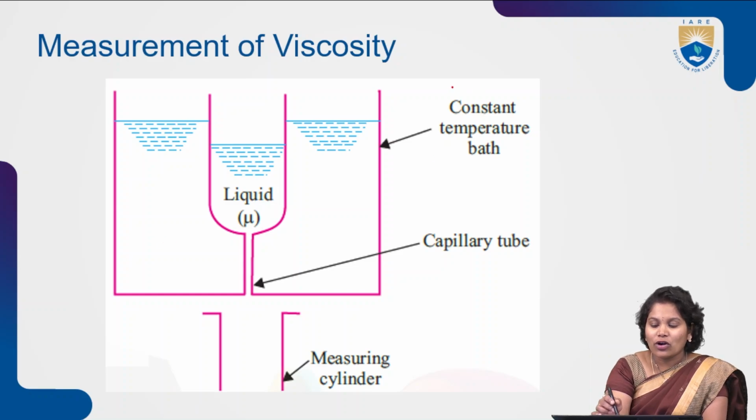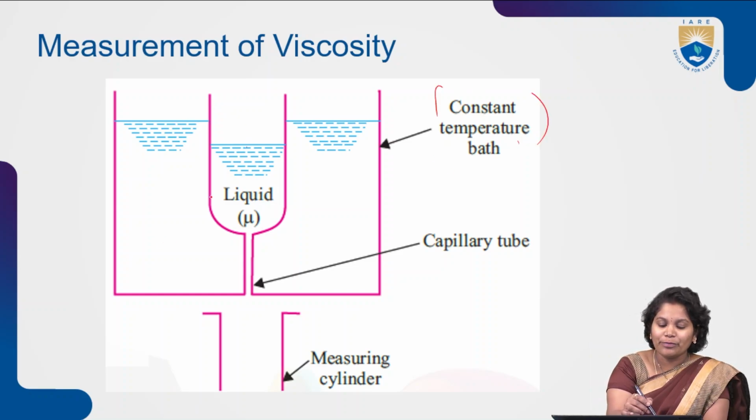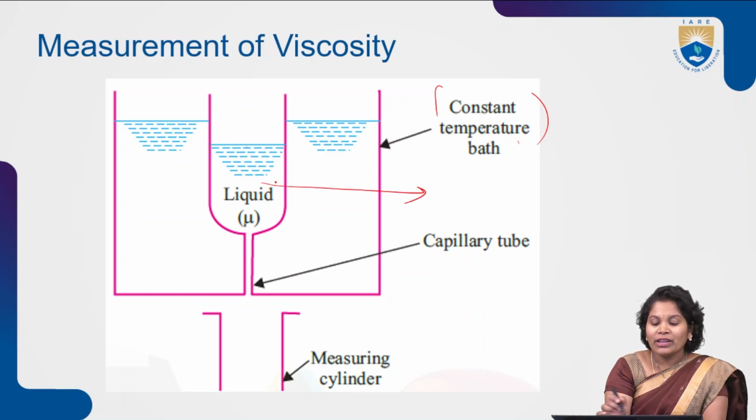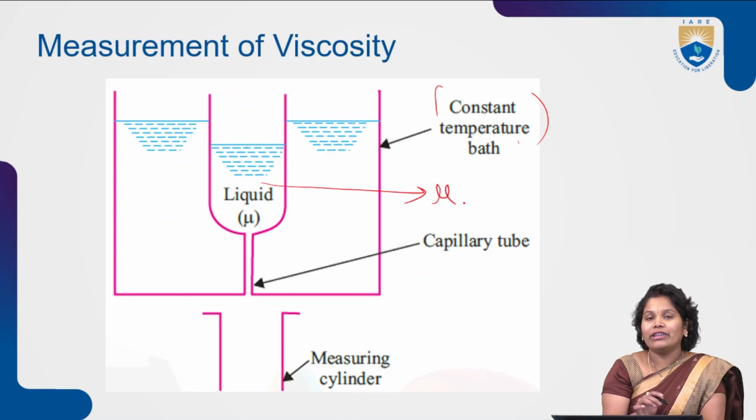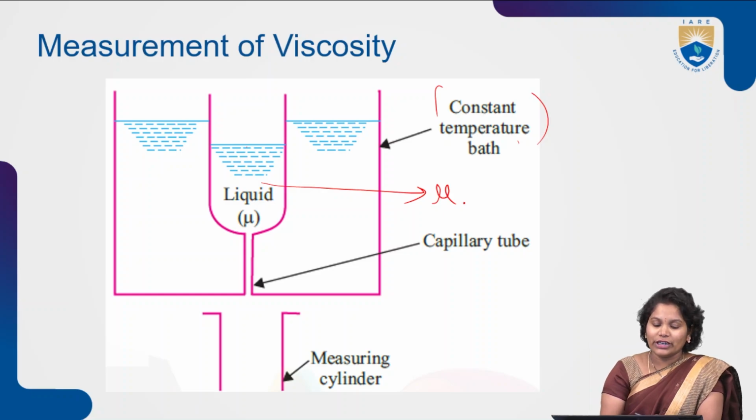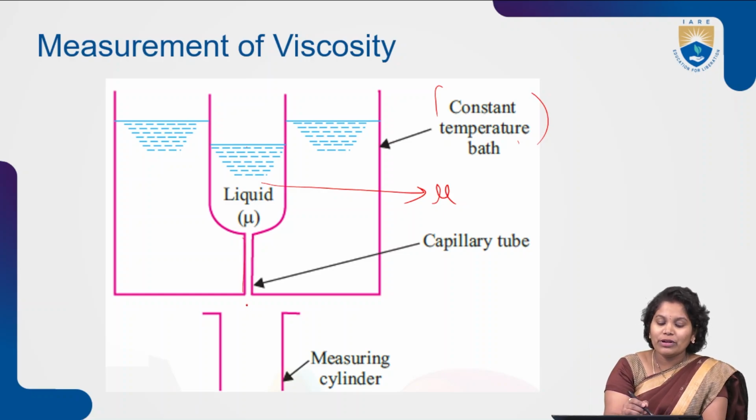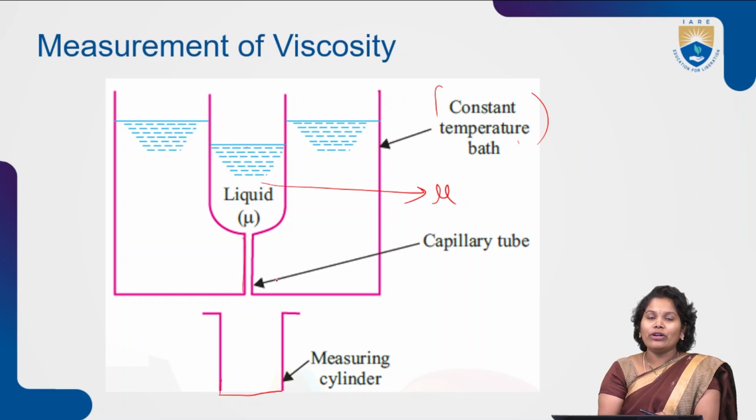See, here is the constant temperature bath, and inside this U-tube we are seeing one liquid whose viscosity we are going to measure. Here is the small capillary tube. Here is the measuring cylinder. This is the setup for the Saybolt viscometer.